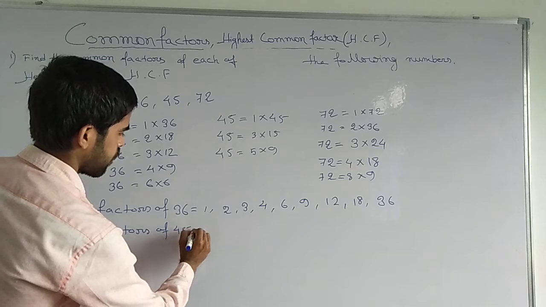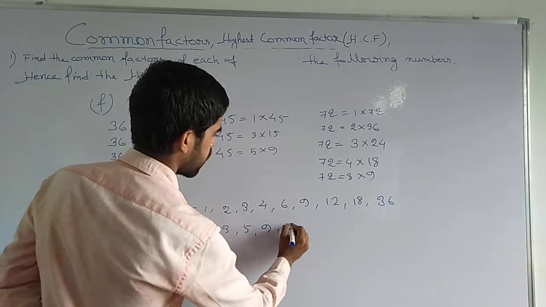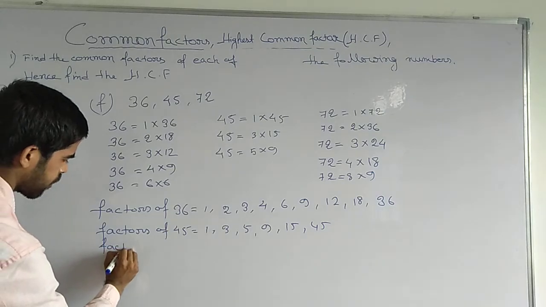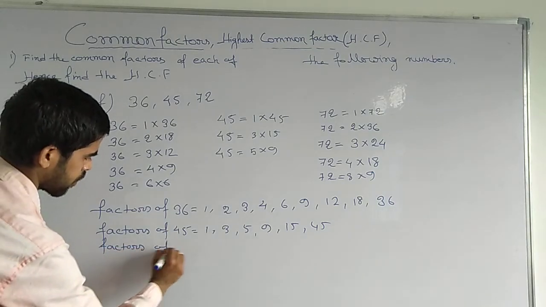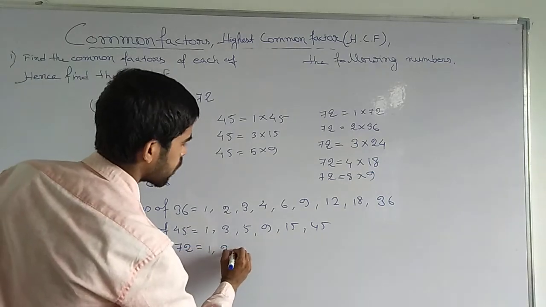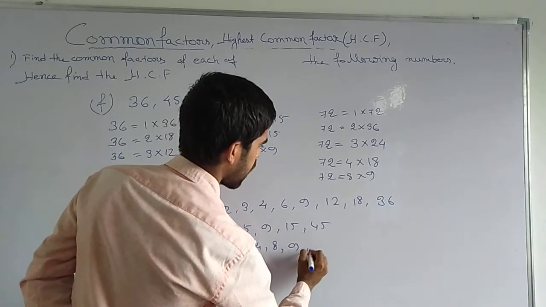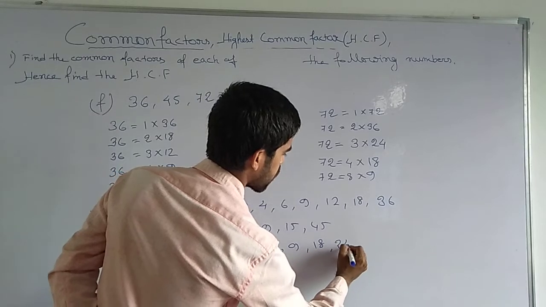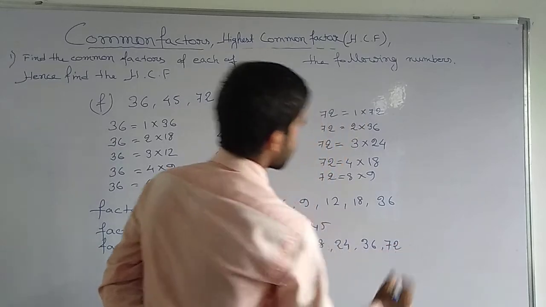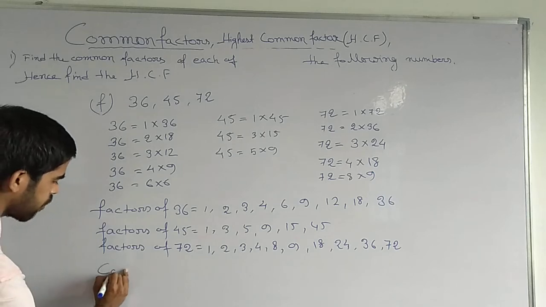Factors of 45: 1, 3, 5, 9, 15, 45. Factors of 72: 1, 2, 3, 4, 6, 8, 9, 12, 18, 24, 36, 72. So we have to find the common factors of 36, 45 and 72.